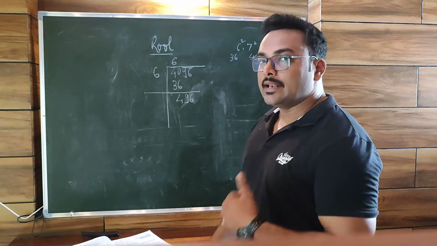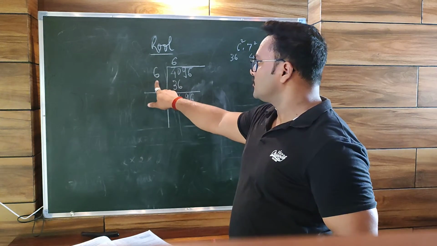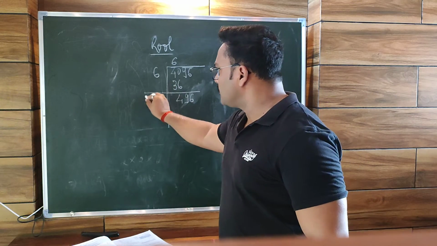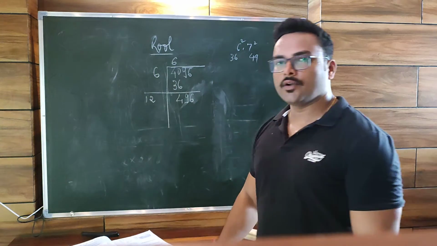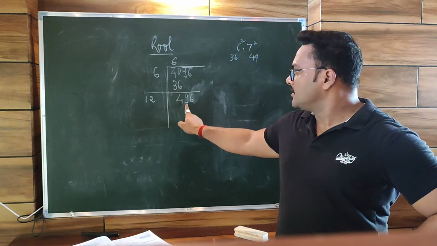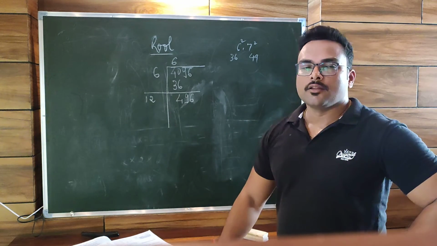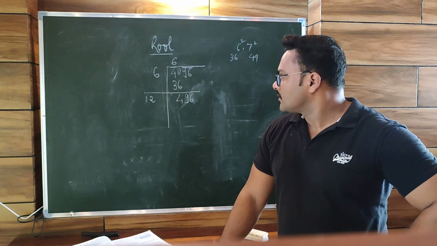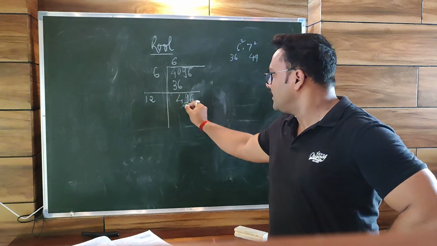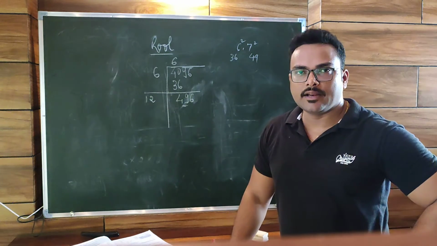Then all the numbers together we write 496. Now the next step: this 6 through which you divided in the first step, you have to take its double here. 6 doubled is 12. Now consider the number 496. 12 fours are 48, coming around that number 49.